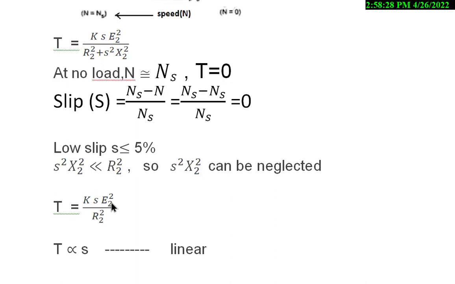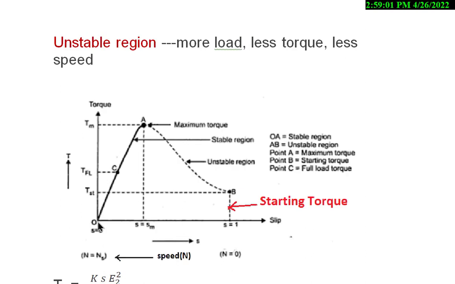Because E2, which is the rotor induced EMF under standstill condition, is constant, R2 is also constant, and K is constant, torque is directly proportional to S. This means the torque slip characteristic under low slip conditions, that is less than 5% slip, will become linear, which can be seen here.